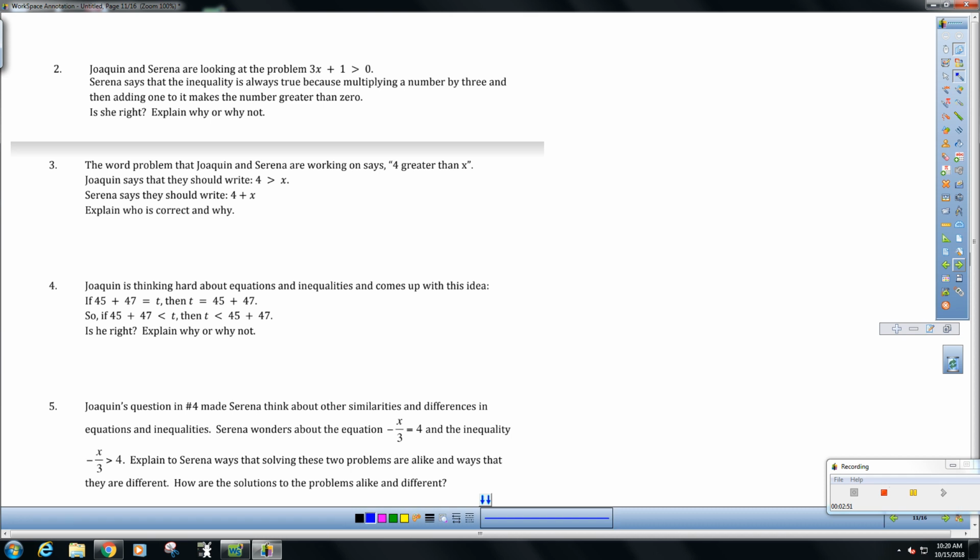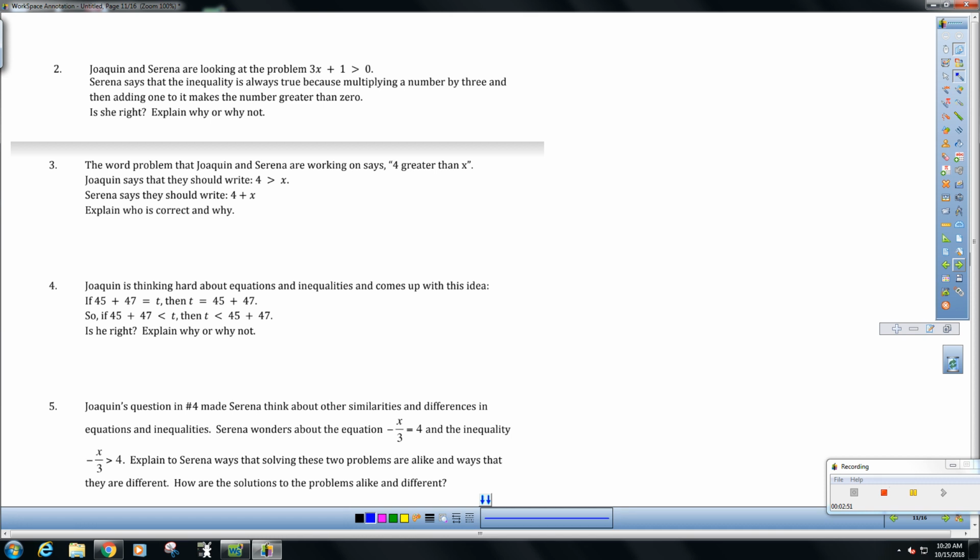Number 2. They're looking at the problem 3x plus 1 is greater than 0. Serena says that the inequality is always true because multiplying a number by 3 and adding 1 to it makes the number greater than 0. Is she right? No. No, no, no. Serena forgot that we can multiply by negative numbers.